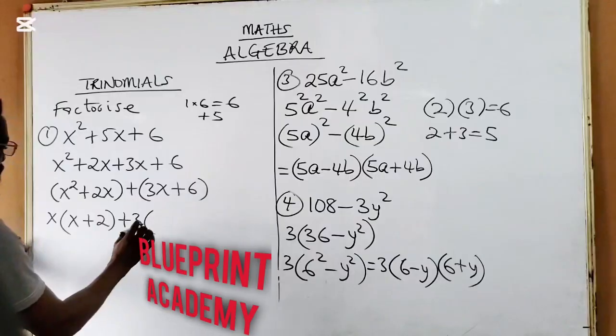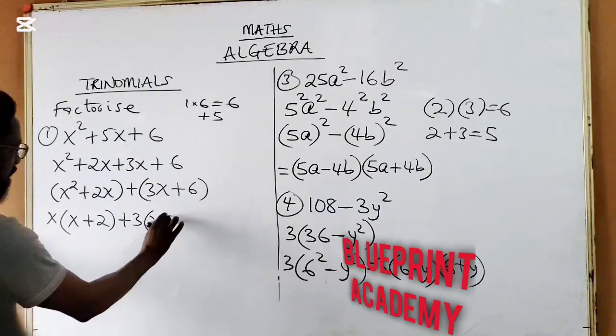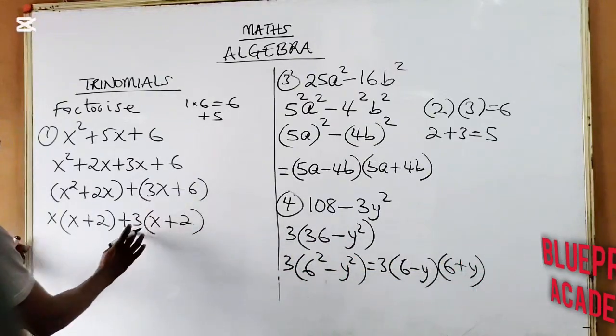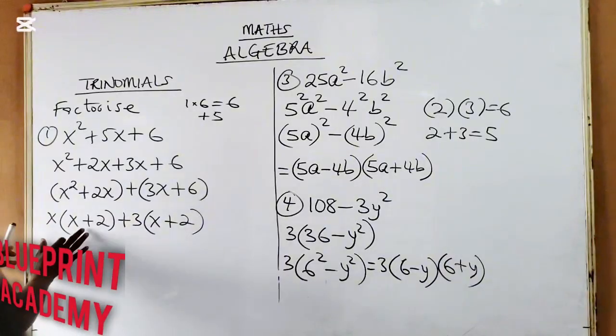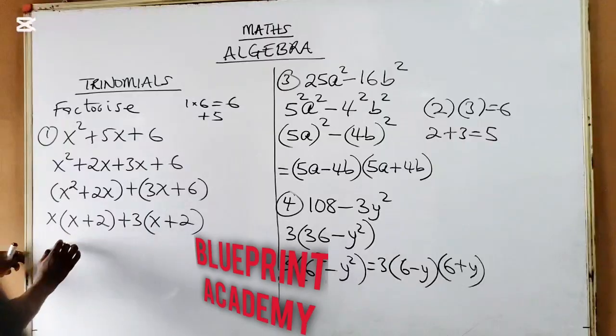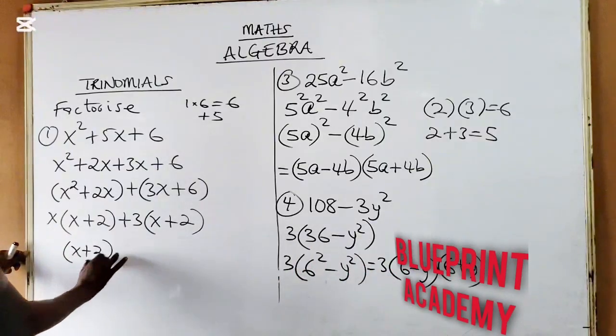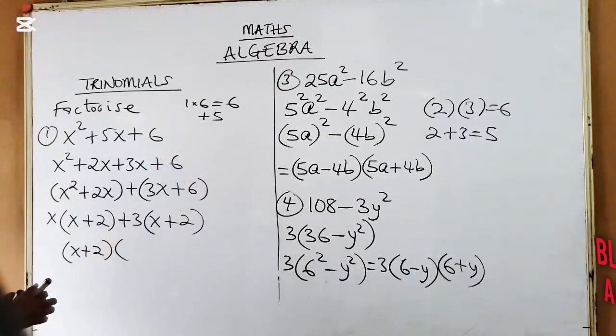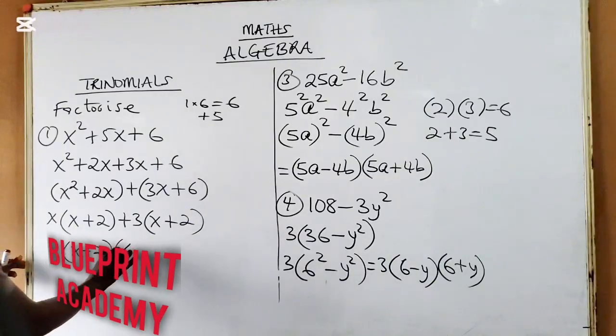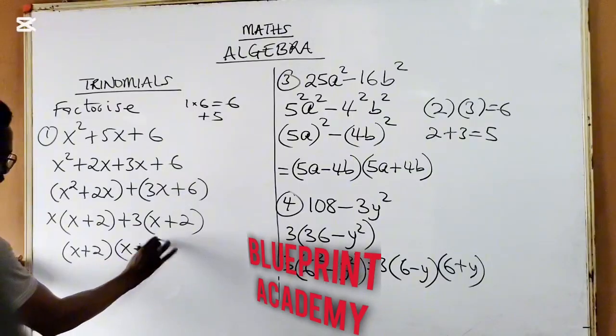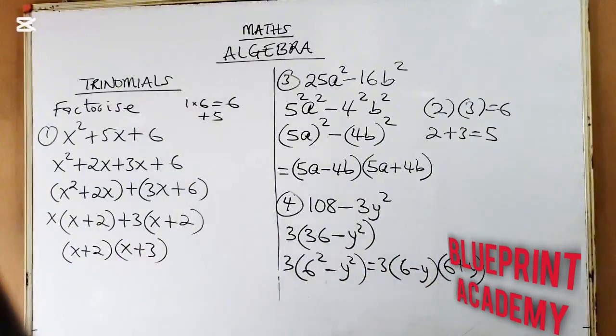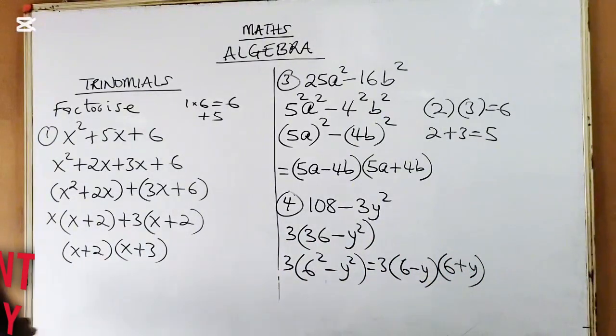I bring out 3 as a common factor, and then I'll get x plus 2, because 6 divided by 3 gives us 2. So x plus 2, x plus 2. I'll take 1 x plus 2. I'll open the next bracket, bring this x here, then plus 3. So the answer becomes x plus 2, x plus 3.